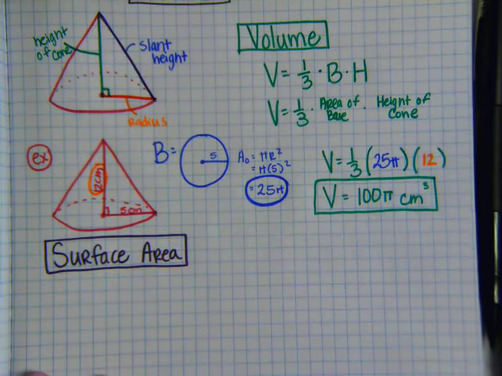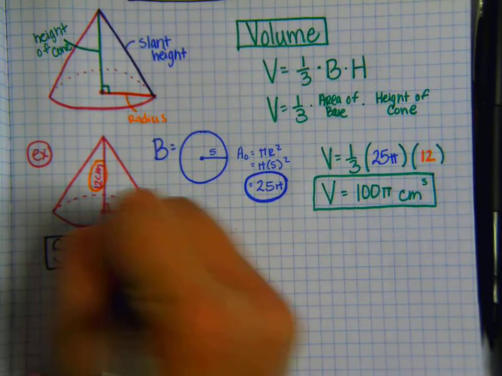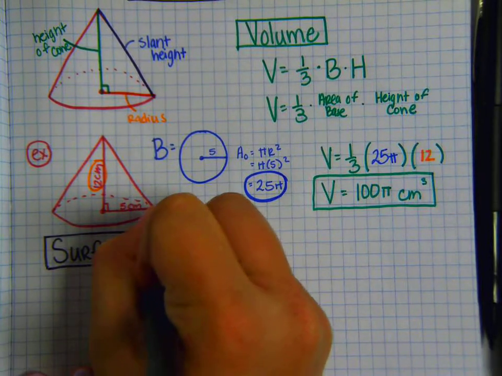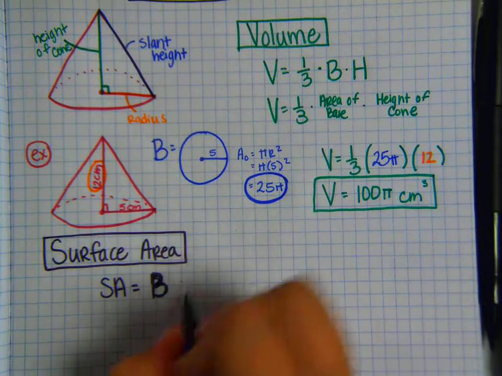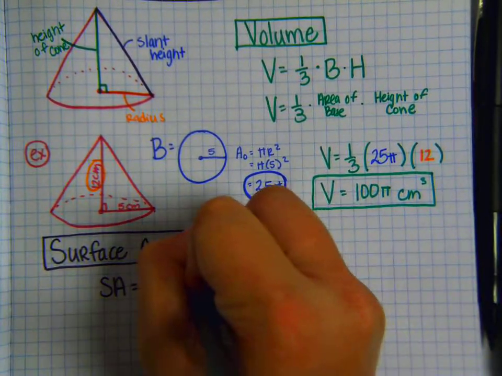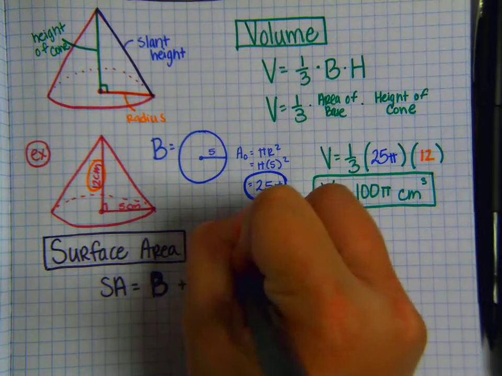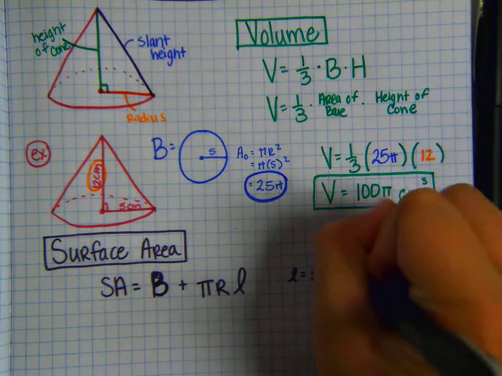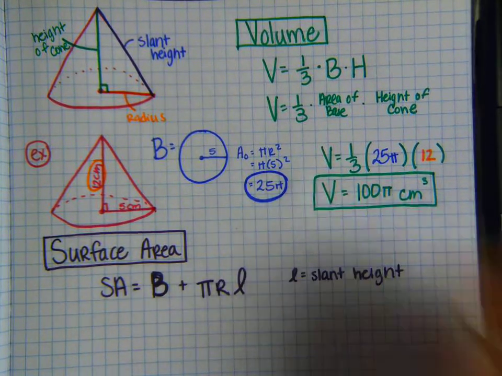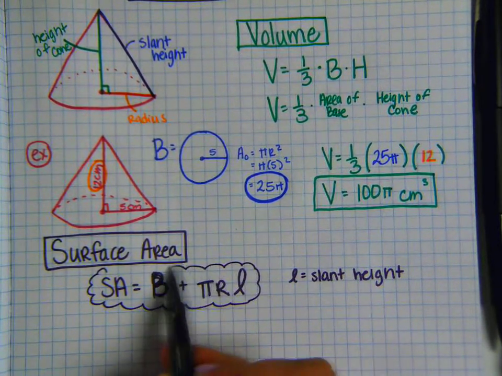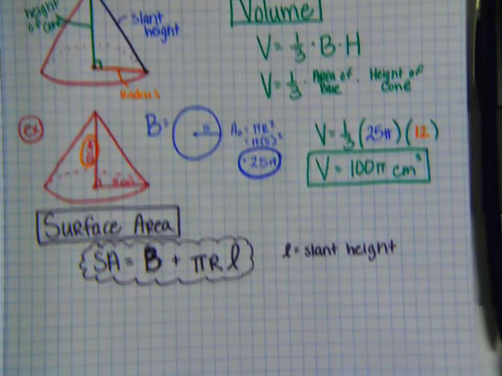Okay, so the surface area of a cone equals big B, and we only have one of those this time, plus, and this is when we're unraveling that weird cone shape, pi r L, where L is the slant height. And that's one of those formulas that you have to remember, pi RL. Okay, so I'm going to bubble it so that we remember that one.